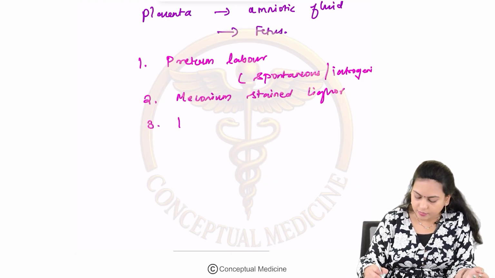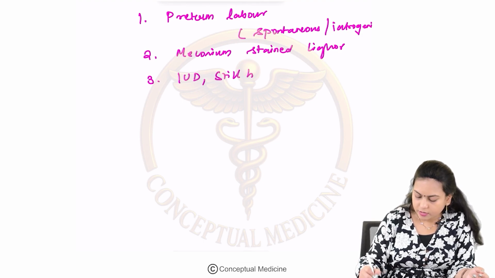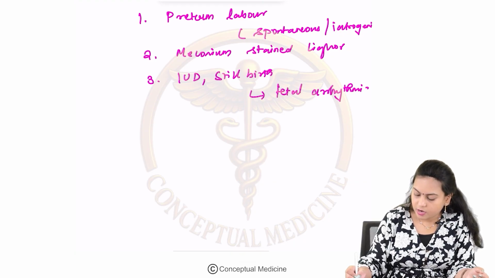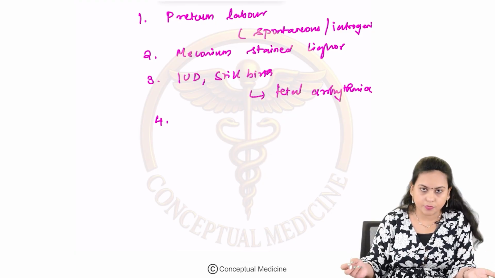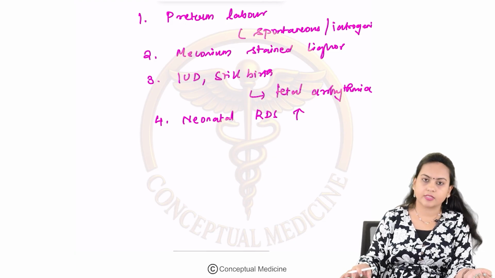Then sometimes it can even result in IUD or stillbirth by fetal arrhythmia. And in some cases, if the baby is born normally, then the risk of neonatal respiratory distress syndrome is increased. Clear?